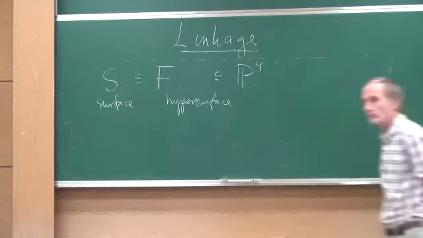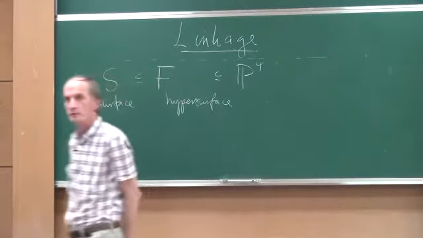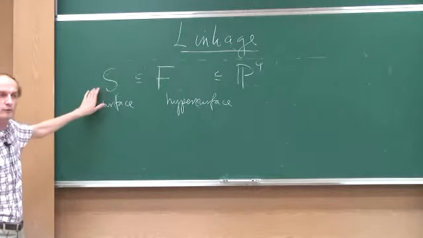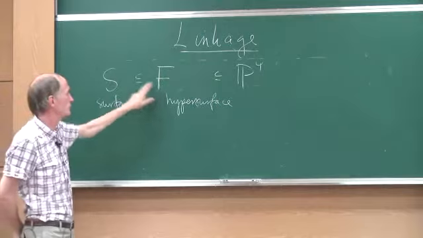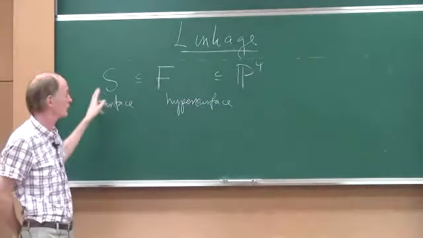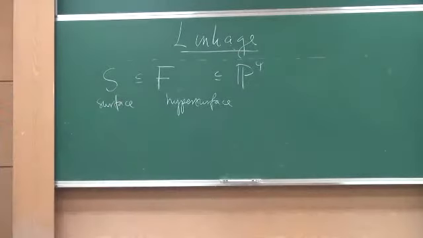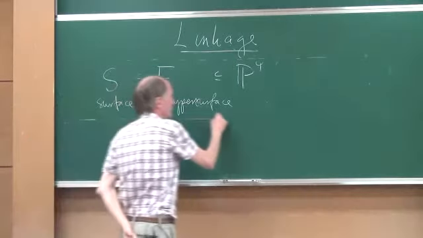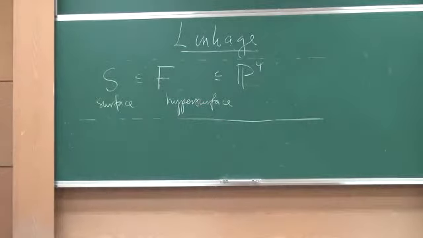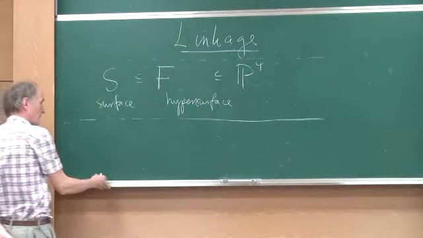But what I want to say something about today is, if I start with a surface and I take a hypersurface that contains it, what can I say about this hypersurface beyond just containing it? That's kind of a strange question, maybe, but let me state the kind of thing I'm after.